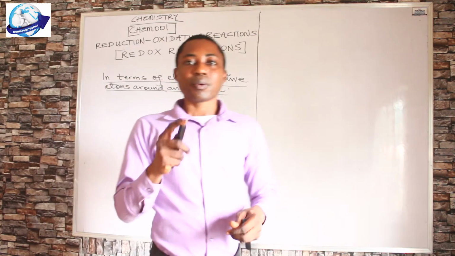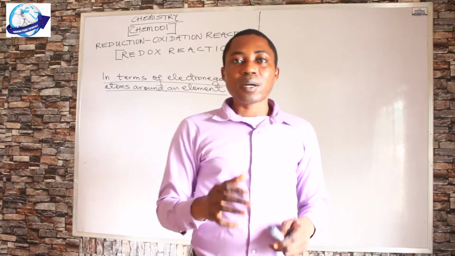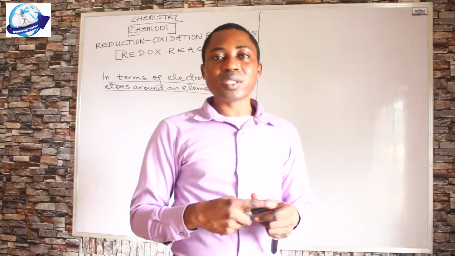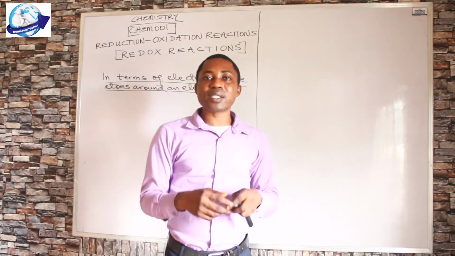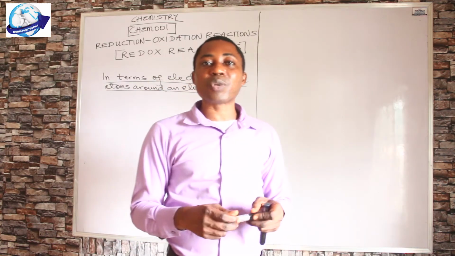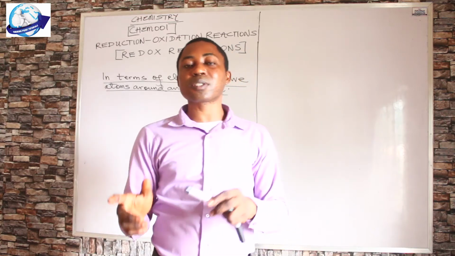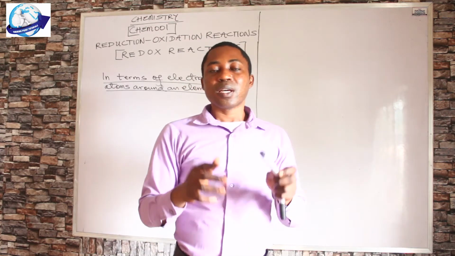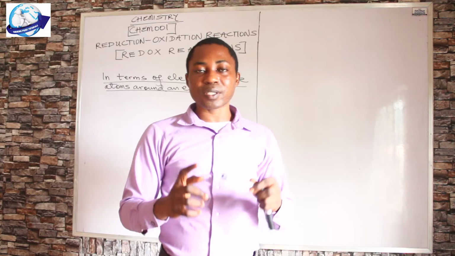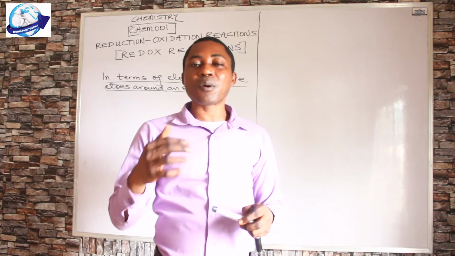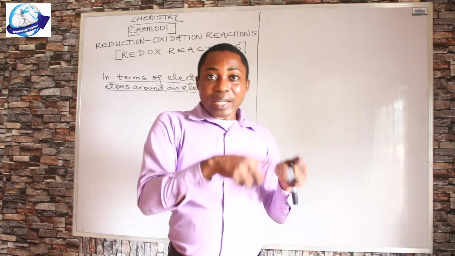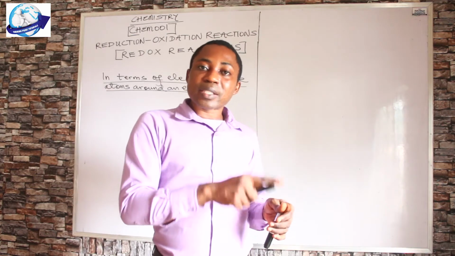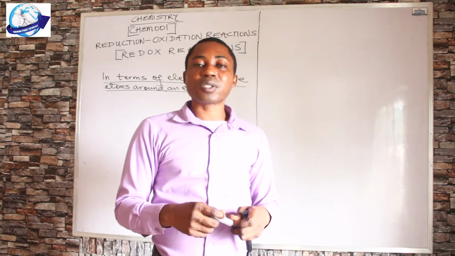Now, we start with oxidation. Oxidation reaction is the increase in the number of electronegative atoms around an element when moving from the reactant side to the product side. Once again, oxidation is defined as the increase in the number of electronegative atoms around an element when moving from the reactant side to the product side.